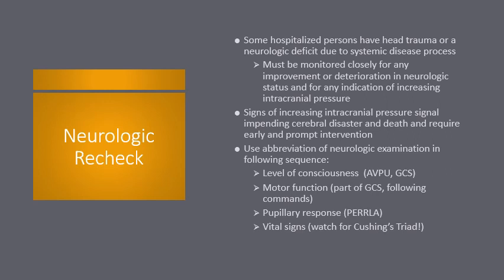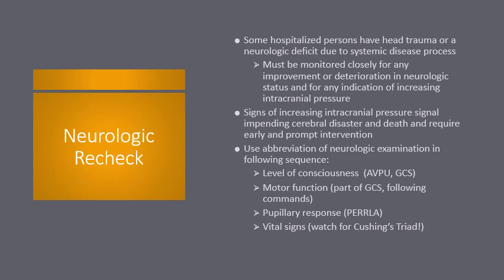So let's talk about what increasing intracranial pressure actually looks like, because it can signal that there's some sort of impending event about to occur, like cerebral disaster and death, that if you recognize early, you can intervene and prevent, which would be good on the good nursing scale.